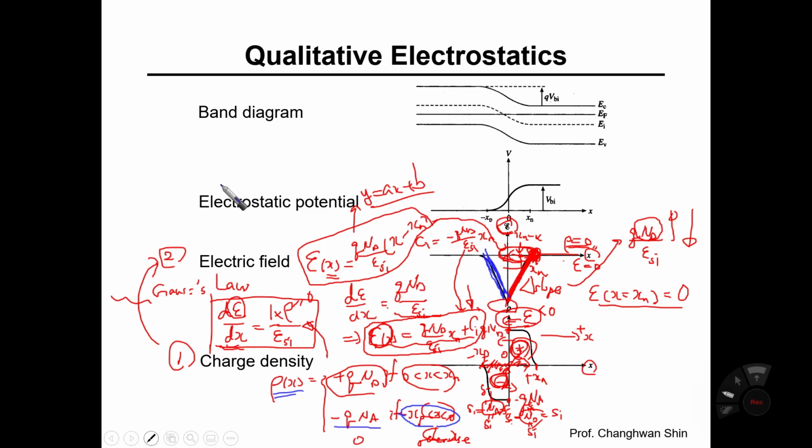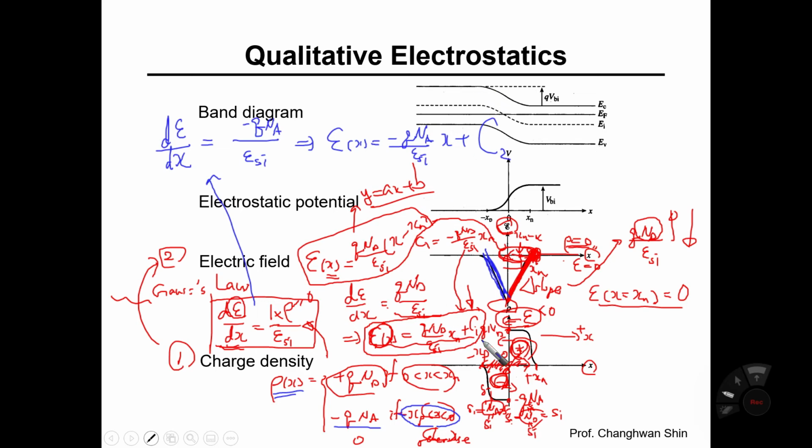Then in Poisson's equation, dE/dx is equal to charge density, minus q times Na, divided by epsilon silicon. So electric field intensity must be minus q Na over epsilon silicon times X plus some constant value.